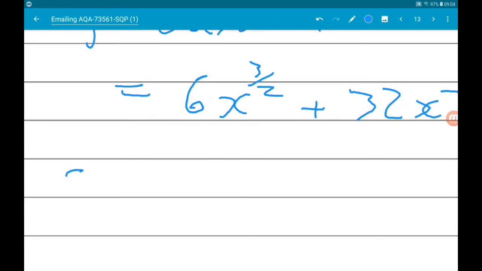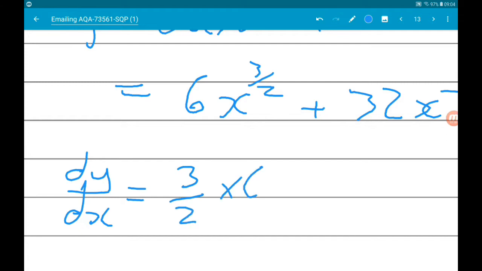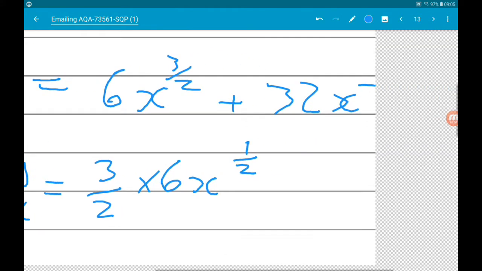So dy by dx. Okay, so the power of 3 halves comes down and multiplies the 6. So we get 3 halves times 6x, and the power goes down by 1, so that's going to go down to 1 half. So that's that term.